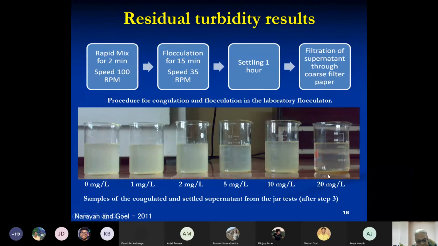Because aluminum and iron are both heavier than water, they will form hydroxides, and these hydroxide precipitates of aluminum and iron will start settling, and whatever comes in their way will sit at the bottom of the beaker. So this is removal by what we call sweep flock formation.